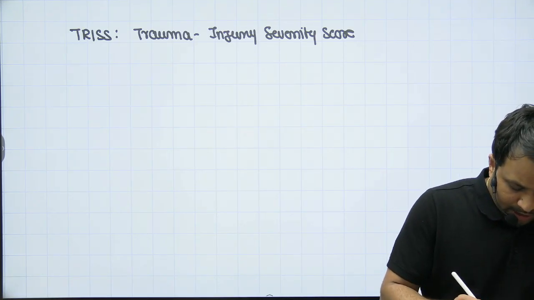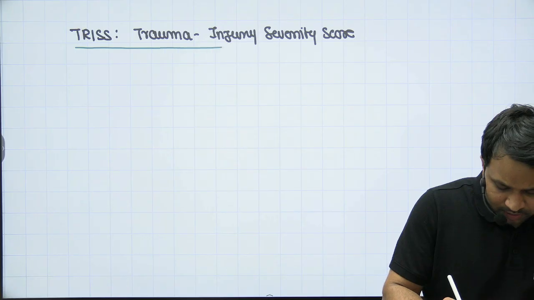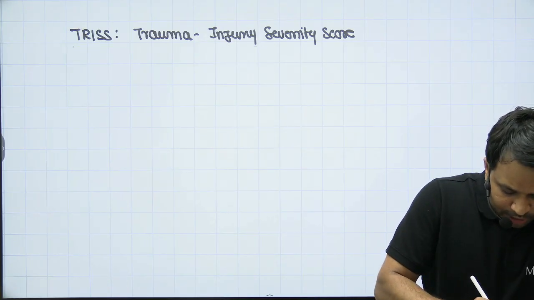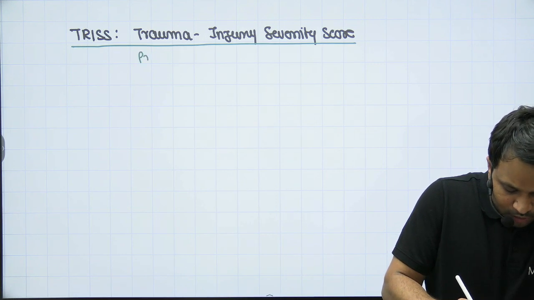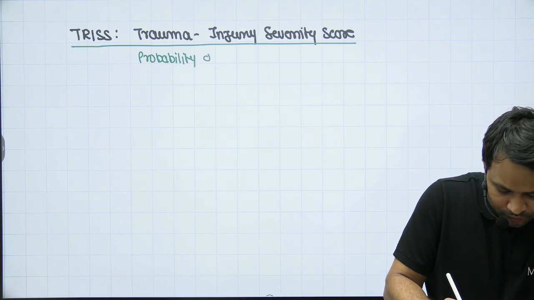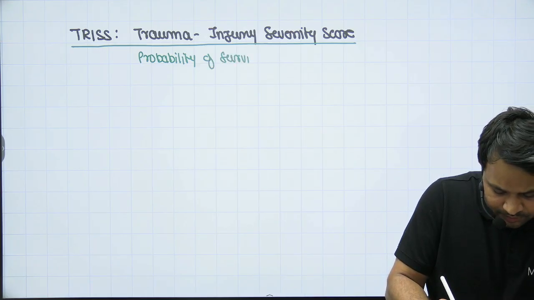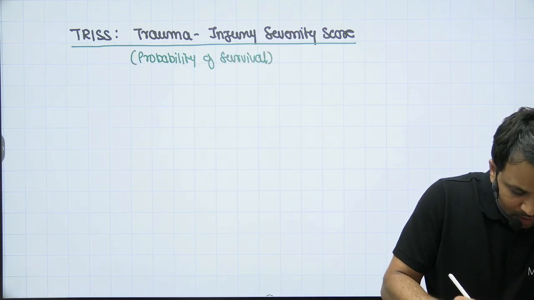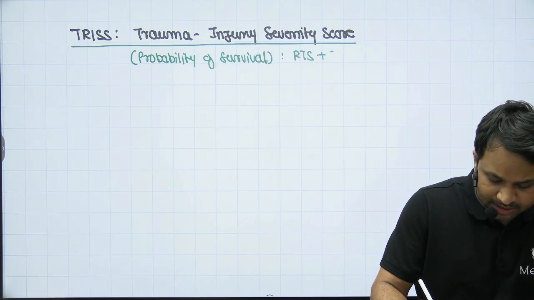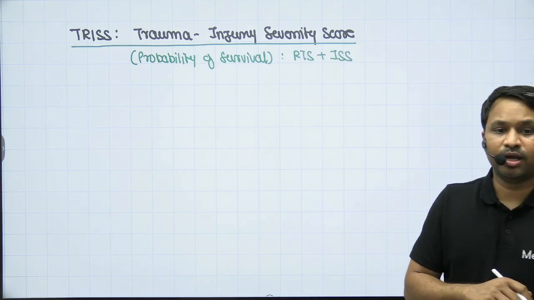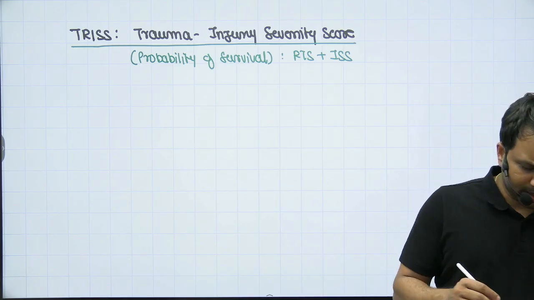It is going to determine the probability of survival. We're going to calculate the probability of survival, and this takes into consideration the RTS and the injury severity score. It's a combination of RTS and the injury severity score.